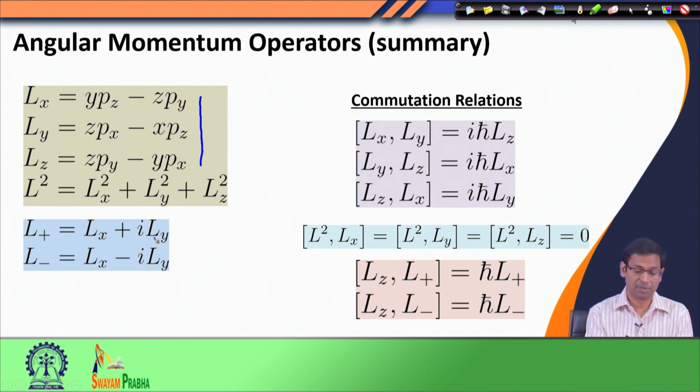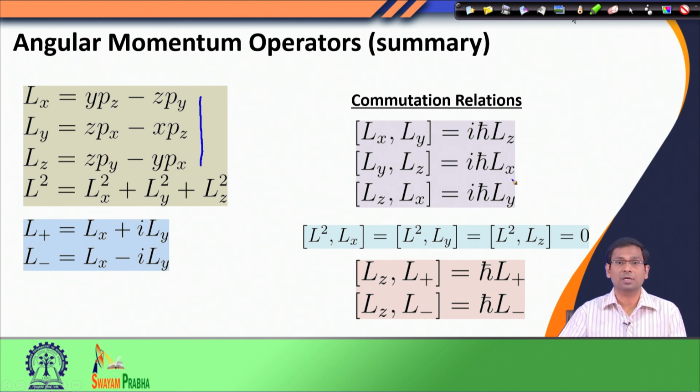Lx is in the real plane, Ly is in the imaginary plane. Given the definitions of these operators, we also discussed the commutation relations between them. One important property is that Lx, Ly and Lz do not commute with each other; rather their commutators follow a simple cyclic rule. Lx and Ly would give you I h bar Lz and so on and so forth.